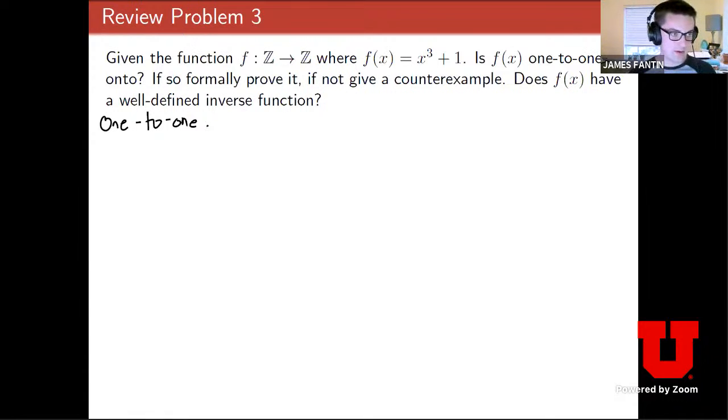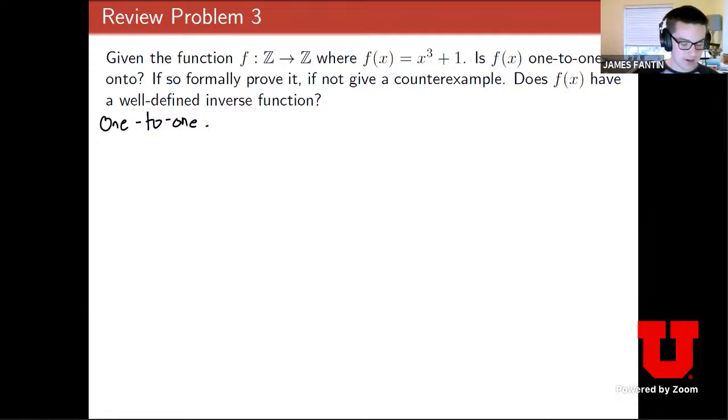Remember, we can think about one-to-one in a graphical sense as a horizontal line test, similar to the vertical line test for a function. If a horizontal line passes through the graph at 2 or more points, then it's not one-to-one. So yeah, that intuition is right.